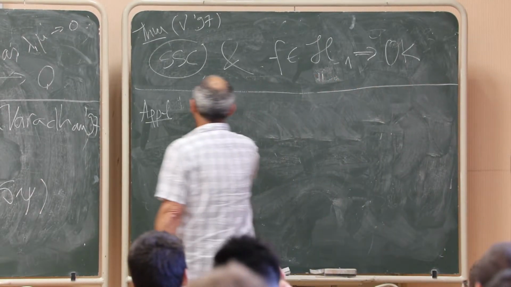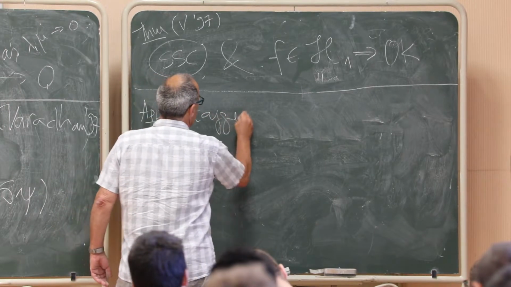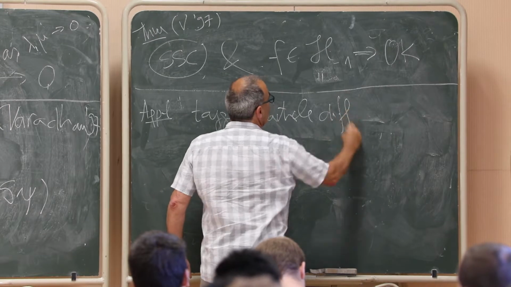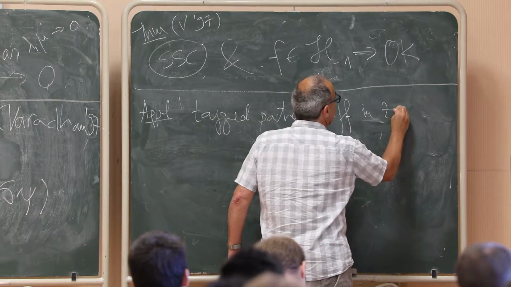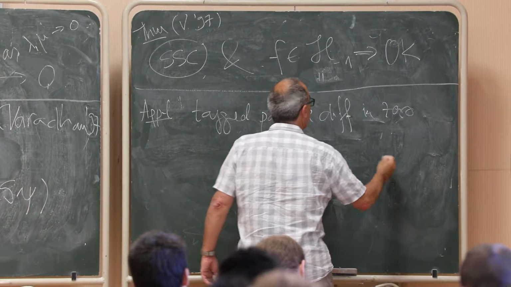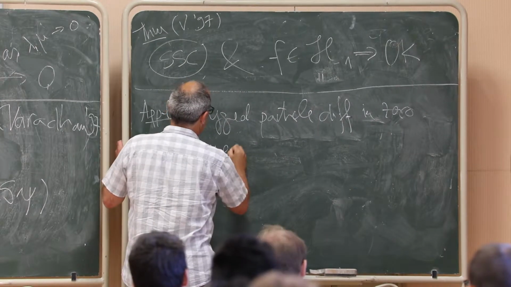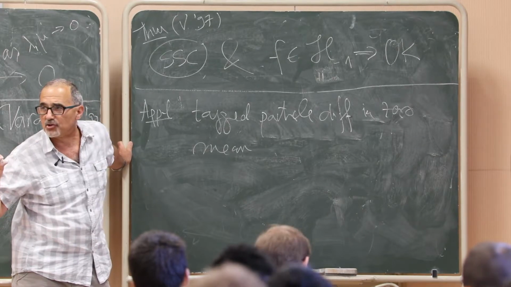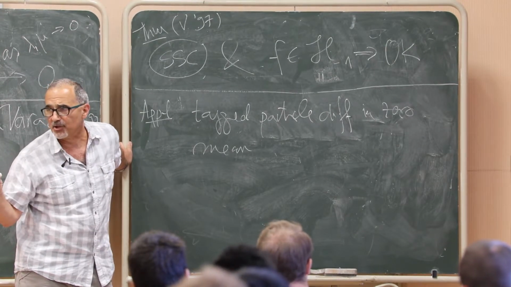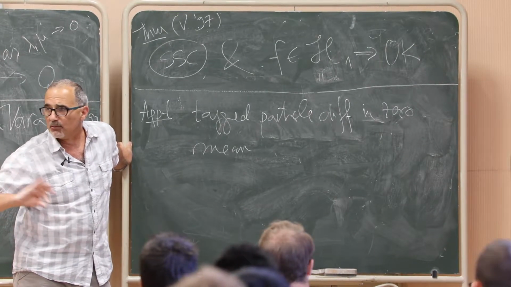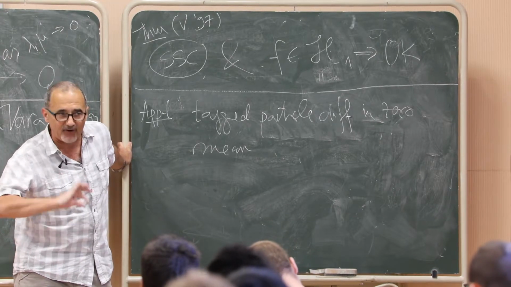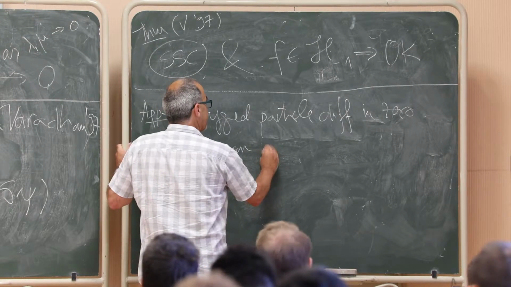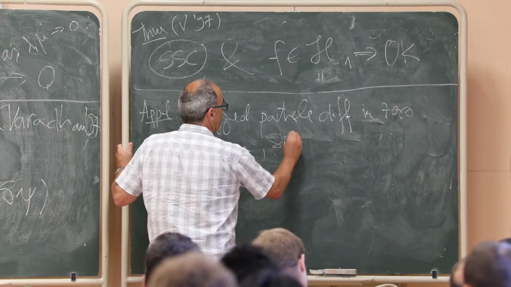So, tagged particle diffusion in zero mean, but I always mean finite range. All my walks will be finite range. I don't want to cause headache with infinite range. Finite range, zero mean, simple exclusion process.